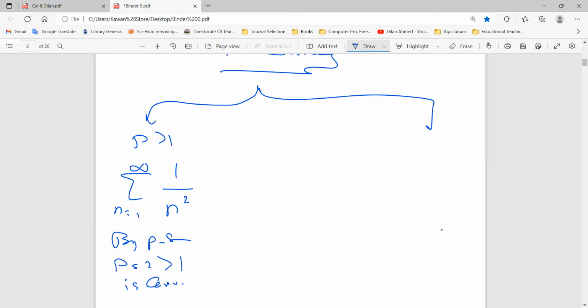You got it there? How about the second? P equal to 1. When P equals 1, it is called the harmonic series.